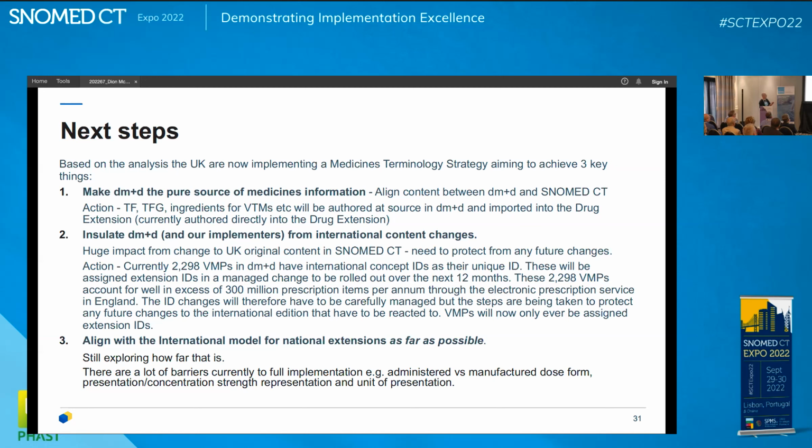And then they do intend to align with the international model as far as they can, but there are obviously compromises that they just aren't prepared to make. So that will probably leave them integrated at that medicinal product level and maybe not much more at the moment. That's pretty much it.